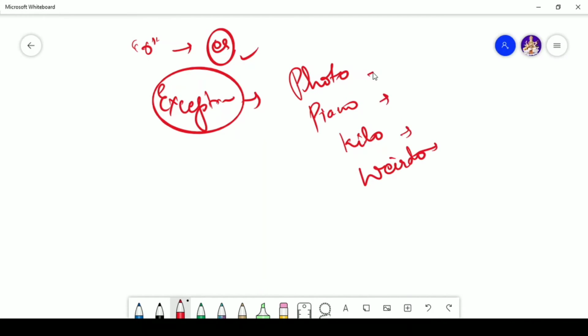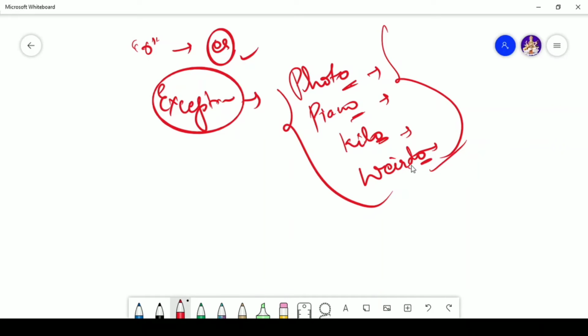In all of these cases, we said in the 5th rule that if any noun ends with the letter O, you have to use es at the end to change it into its plural form. But these are the exceptional cases. Here you won't use es, instead you are just going to add s.